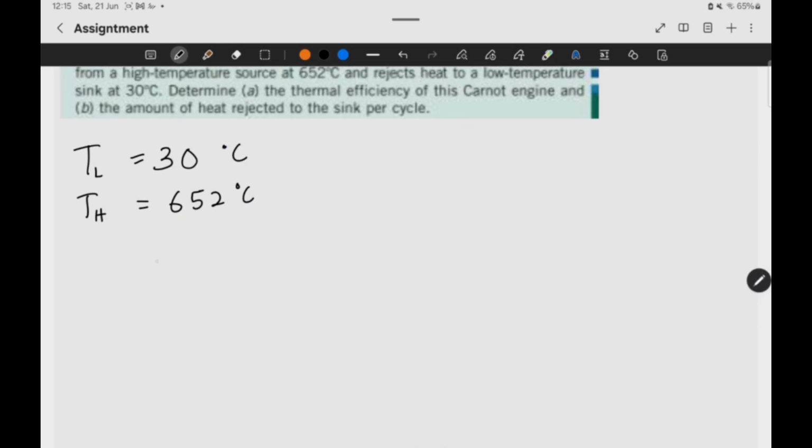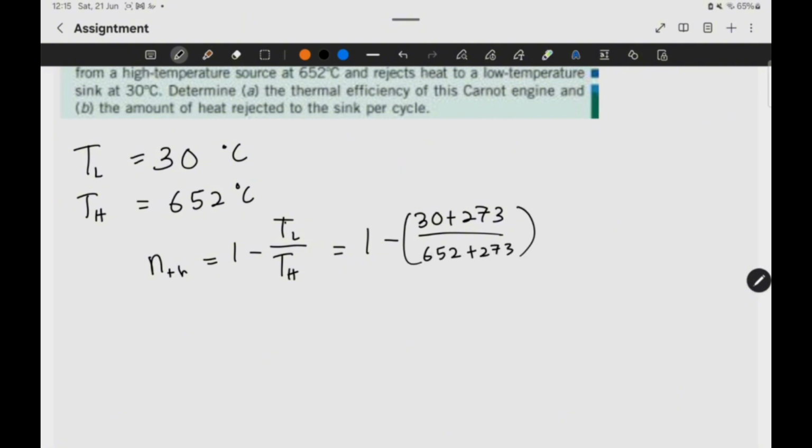So we have to use the efficiency ηth equals 1 minus TL over TH, equals 1 minus (30 plus 273) over (652 plus 273). Why do we have to add 273? Because we have to convert to Kelvin. So the answer is 0.672.